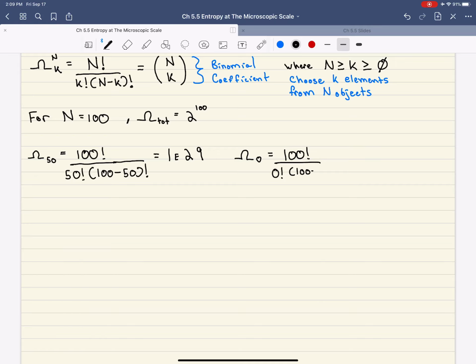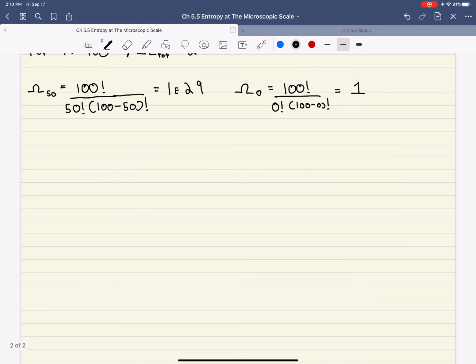And then n minus k would also be just 100 factorial. Okay? All right, and so essentially what we're doing here is taking 100 factorial divided by 100 factorial. And so what we get there is 1. There's literally only one way to get 100 coins face down in our collection of 100 coins. Okay? All right, and so we have the multiplicities.